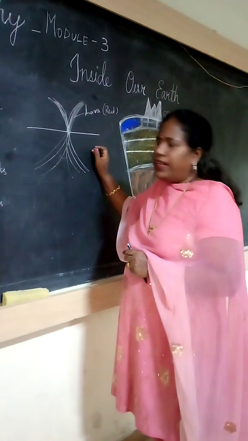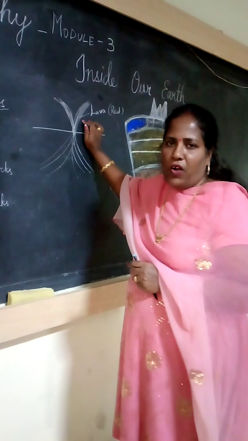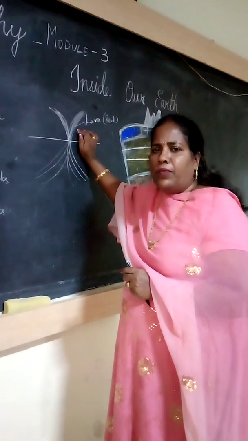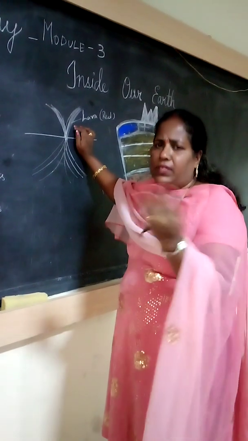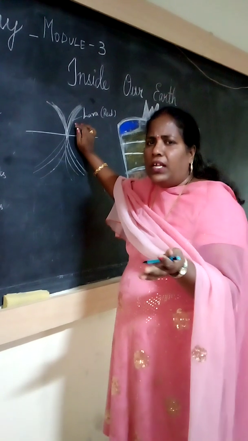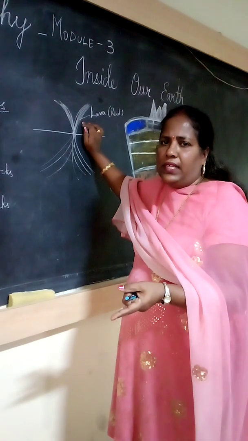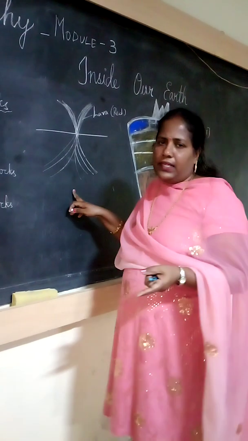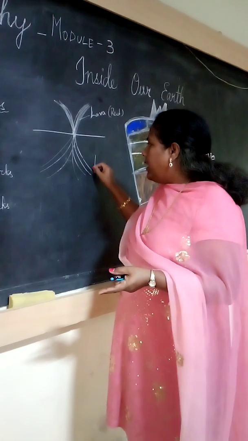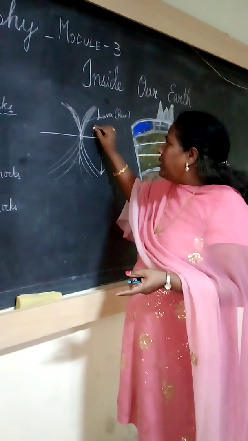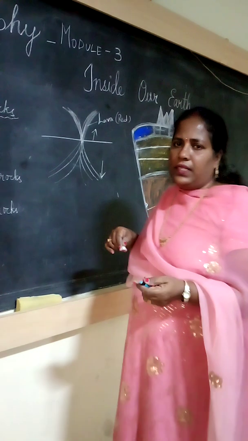Okay. So when this lava came out, it takes million years, some years, because of the temperature. Here, see here, high temperature is there inside. Already we discussed. Here the temperature decreases.